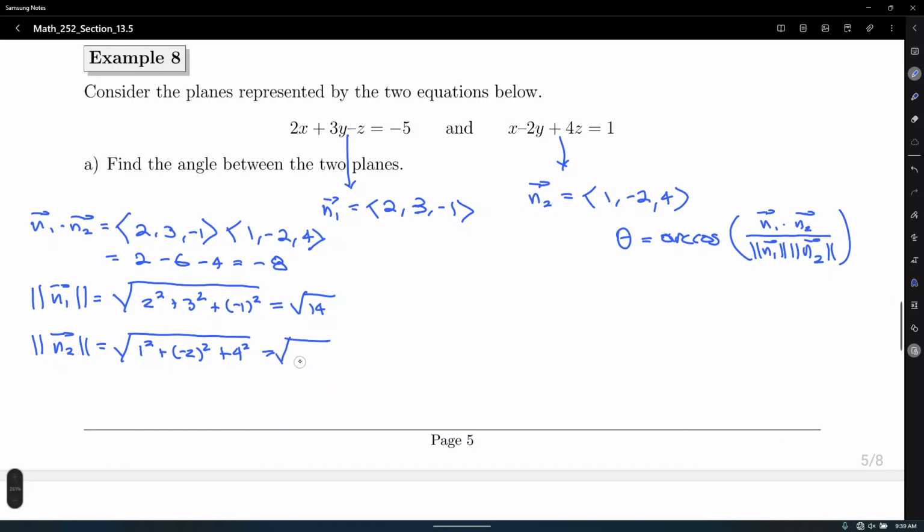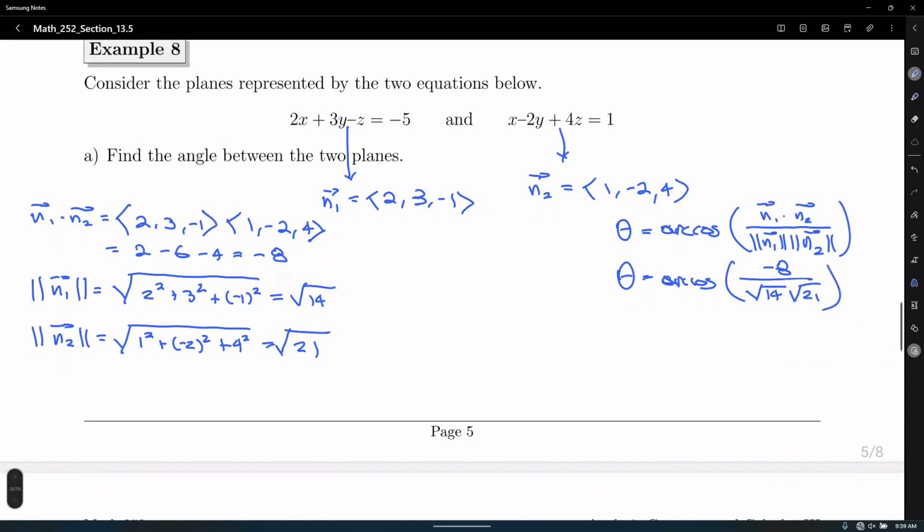All right. So we have all the information we need. Let's just substitute it in the formula for the angle between the 2 vectors. Okay, so theta equals arc cosine of the dot product, which is, what's that? Negative 8, over the product between the 2 radicals, square root of 14, square root of 21.